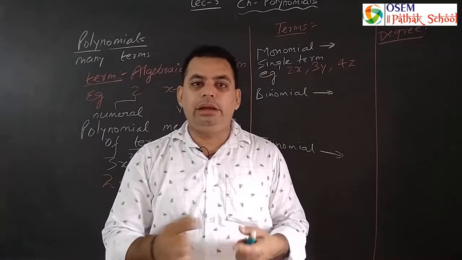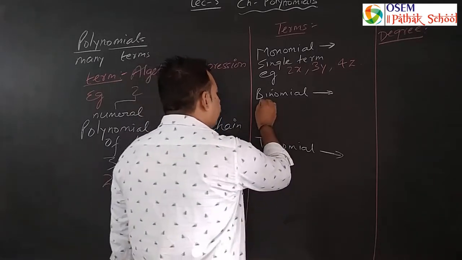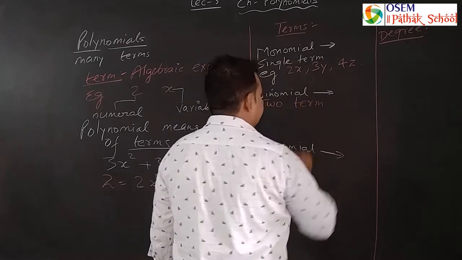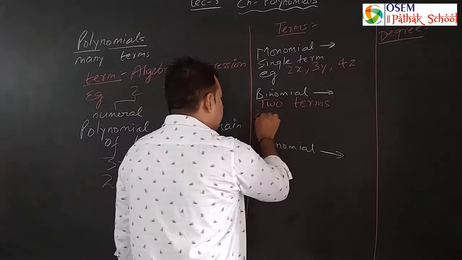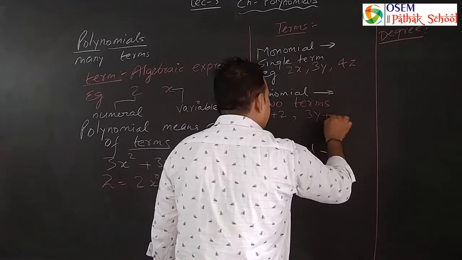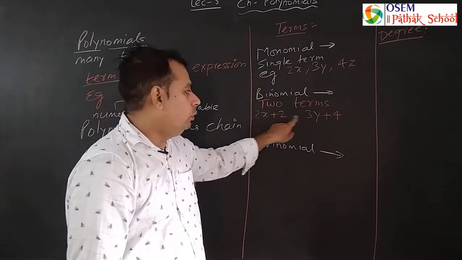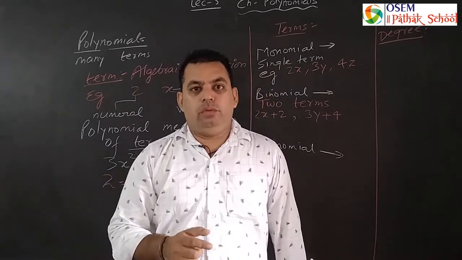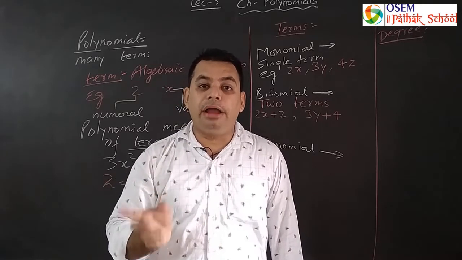Mono means single. Now a binomial means a polynomial that consists of two terms. For example, 2x plus 2, 3y plus 4. You can see over here 1, 2, 1, 2. So any polynomial having two terms is known as a binomial.